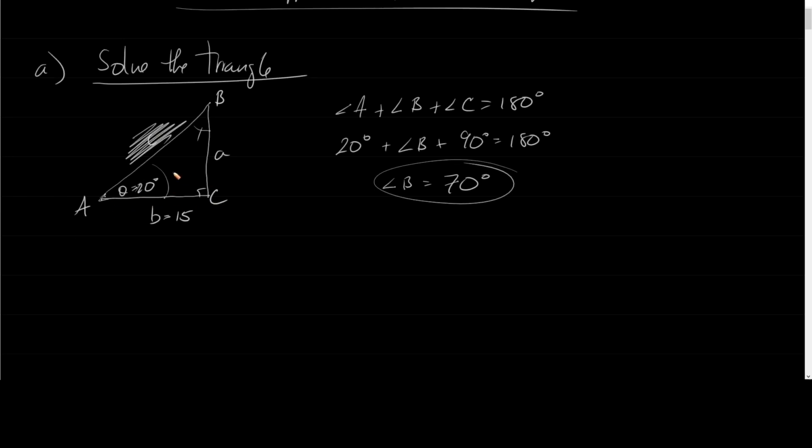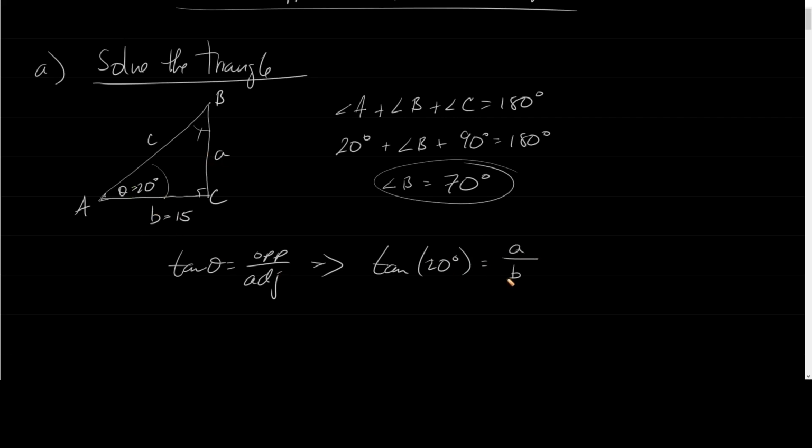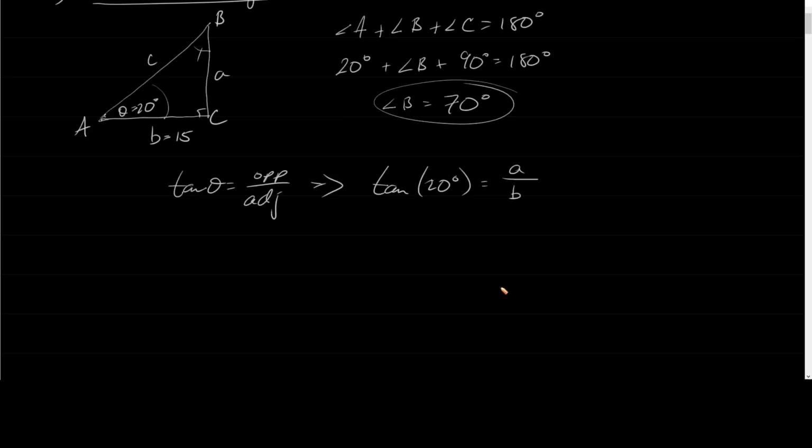In trig, relating to this angle, this would be the opposite side and the adjacent side. So we know that tan theta is equal to the opposite over adjacent. In this case, this means that tan of 20 degrees is equal to the opposite side, a, over the adjacent side, b. And from there, we can figure out some stuff.